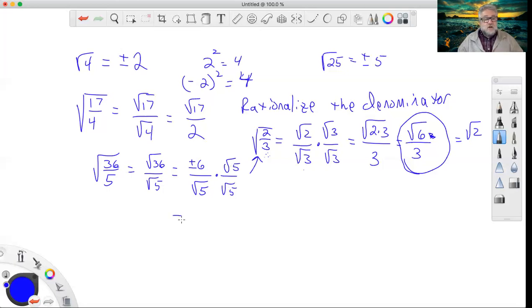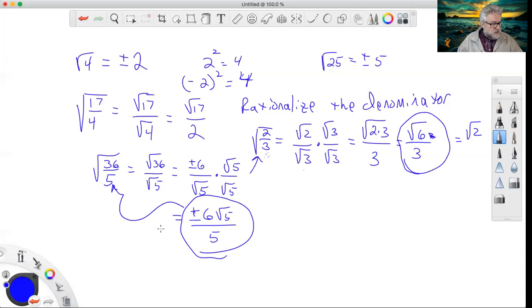And that will give us plus or minus 6 radical 5 over 5. And this is the proper form of that, okay? In some cases, if we're trying to calculate a distance, you can't have a negative distance, so we just take the positive. But there are certain instances where you would get rid of one of these 2 roots. When we do it, we have to be careful about that.